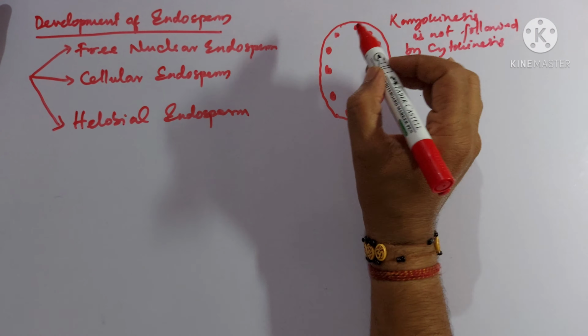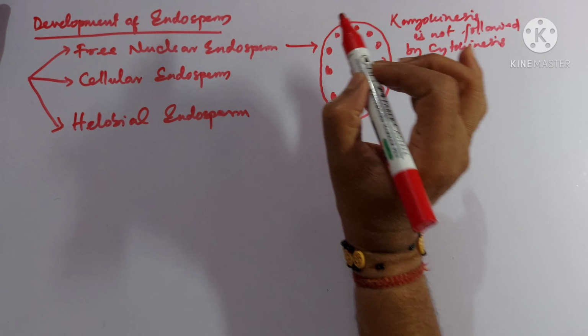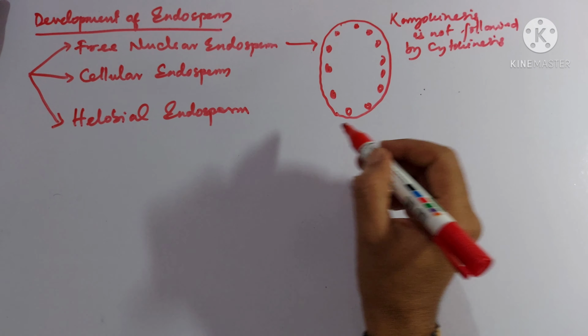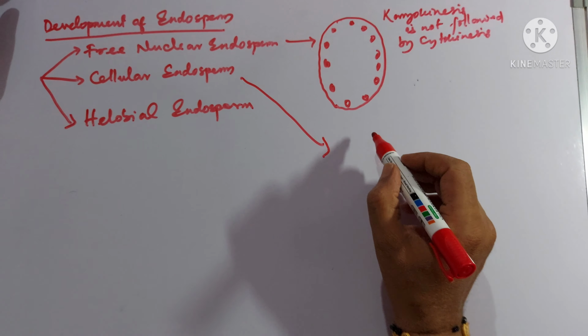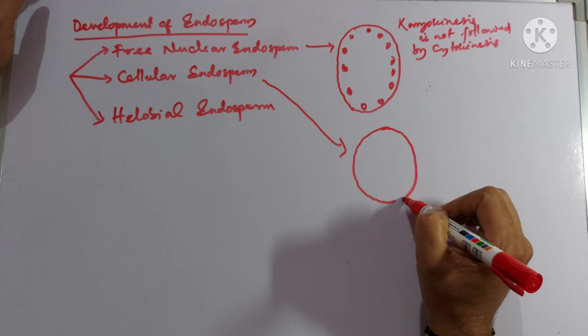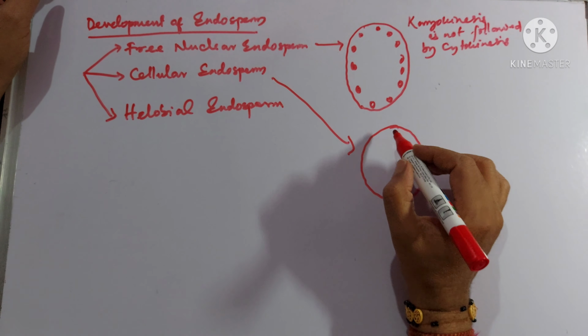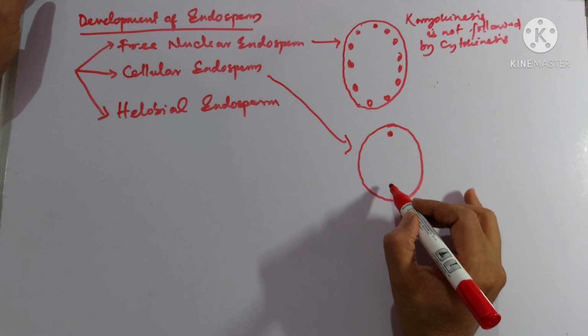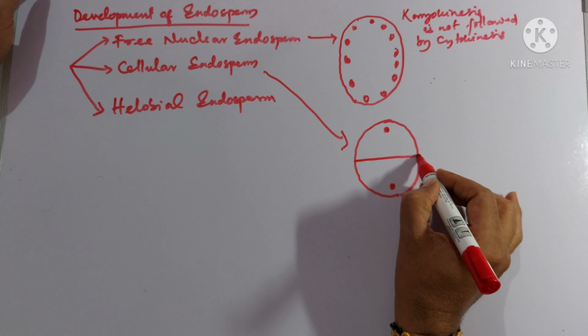This is called free nuclear endosperm. In cellular endosperm, the division of the primary endosperm nucleus occurs. The first division is like this, and there is cytokinesis.